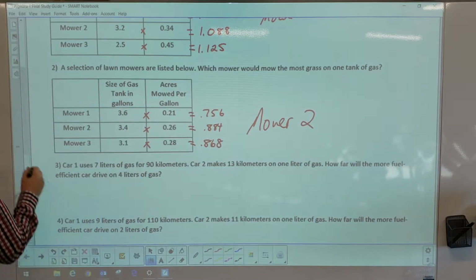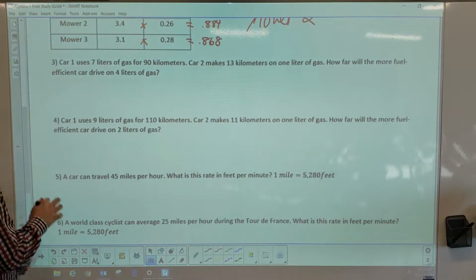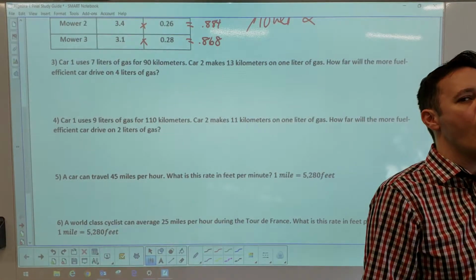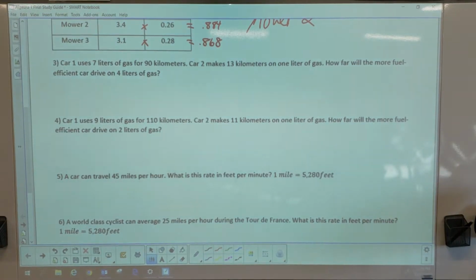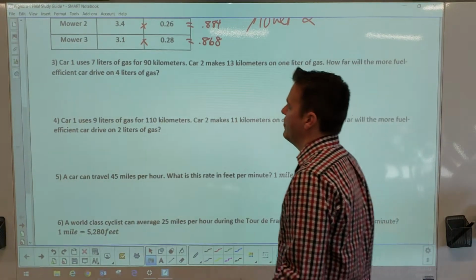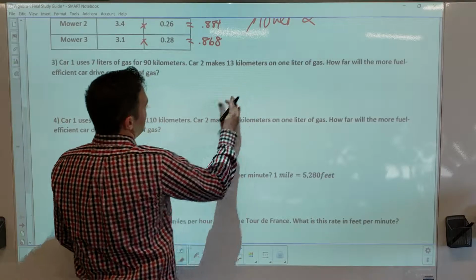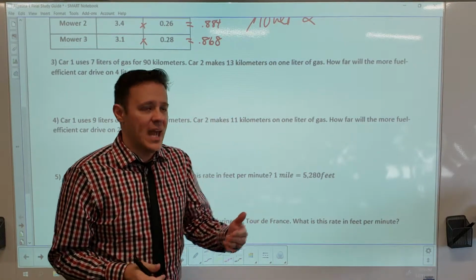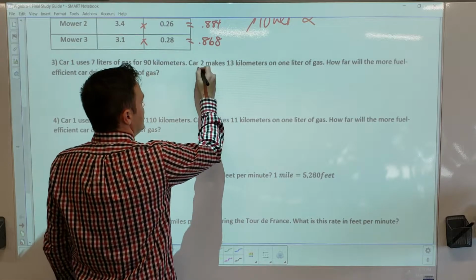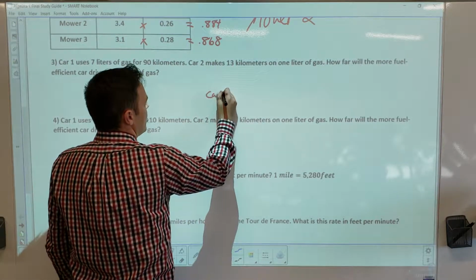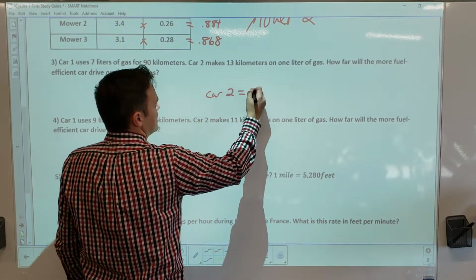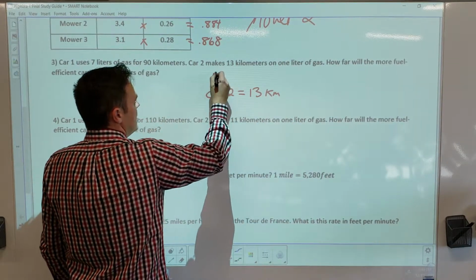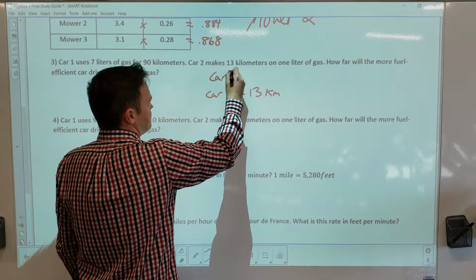Simple setup. All right, car 3. We're talking about fuel efficiency. Which one is most fuel efficient? In order to get that, what do you have to look for? You have to look for how many kilometers they get on a liter of gas. So we know car 2 gets 13 kilometers per 1 liter. But what does car 1 get?